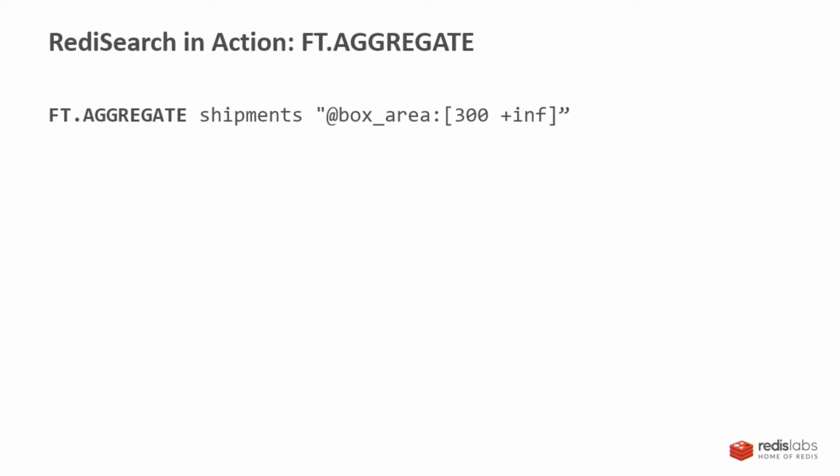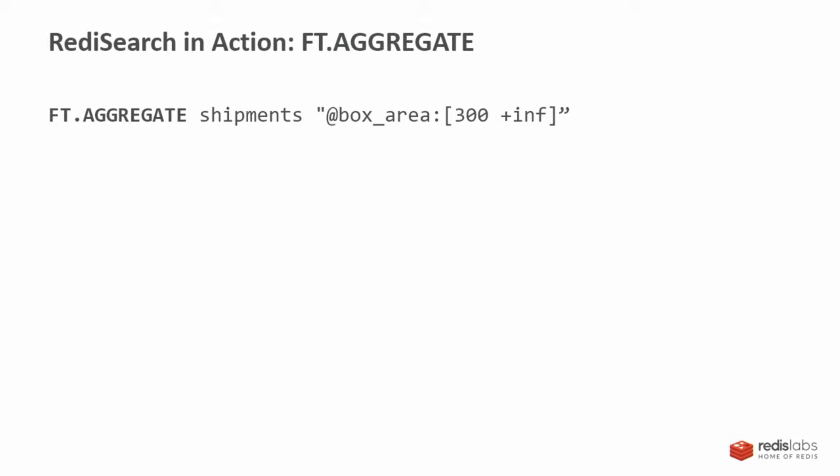So this is going to be an example of both a query and a search, right? So first up, FT.AGGREGATE. Our index here is called shipments. That's where all the documents have been indexed. The first thing we're going to look at is box area, and that's our field. This is a numeric field, and we're saying between 300 and positive infinity.